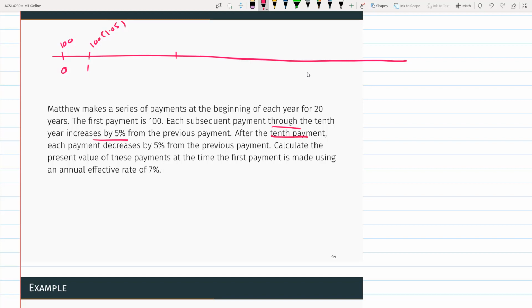After the 10th payment, the 11th payment, I assume that's decreased by 5%. Otherwise, this is going to be a bit off. With 0.95, for example, the 12th is going to be 100 times 1.05 to the 10, but 0.95 squared. So it goes all the way up to 20.